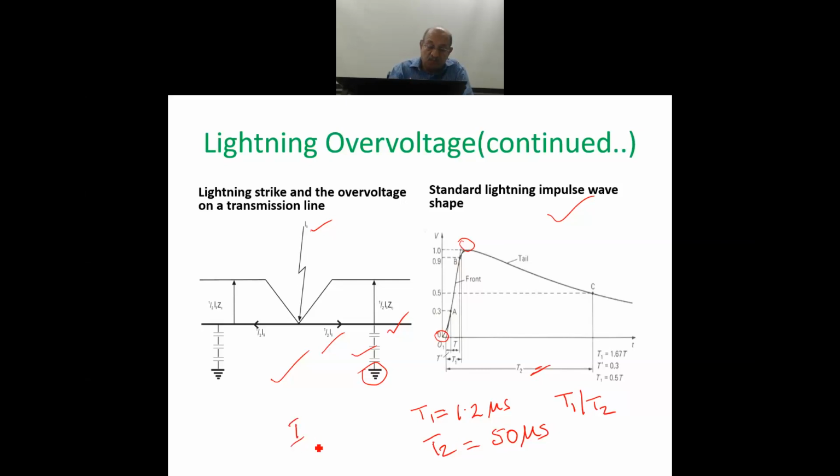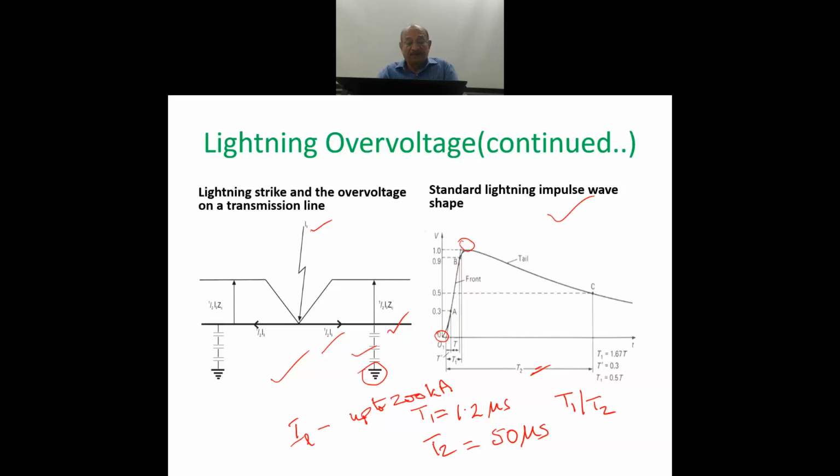Lightning may vary from a few kiloamperes up to, people have gone up to 200 kiloamperes. That is the peak magnitude of the impulse current injected, which could go up to 200 kiloamperes. People have measured.